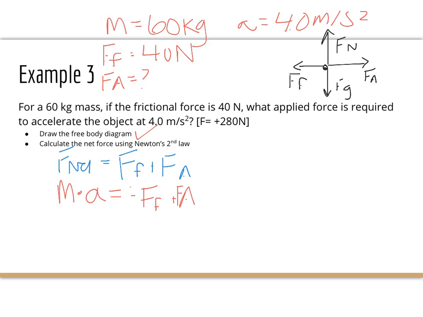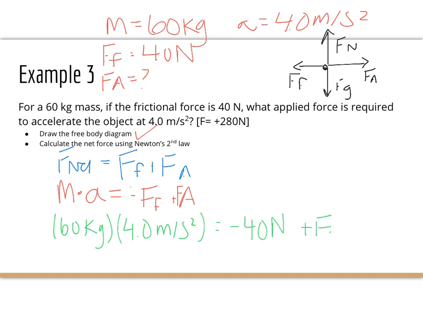Let's add our numbers in. So we have 60 kilograms times 4 meters per second squared is equal to negative 40 newtons plus the force applied. So multiplying, we get 240 newtons equals negative 40 newtons plus FA.